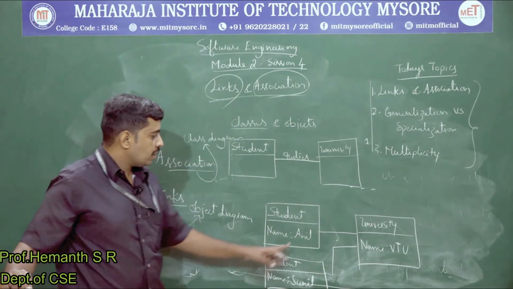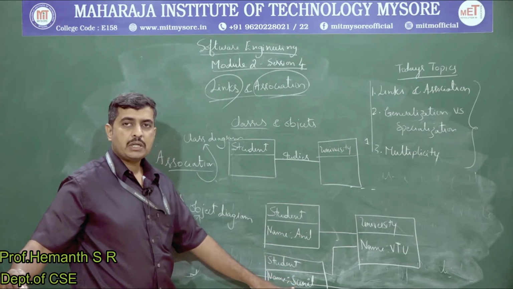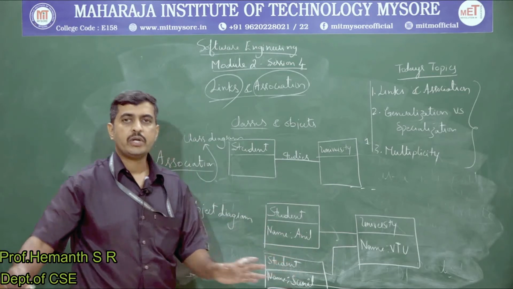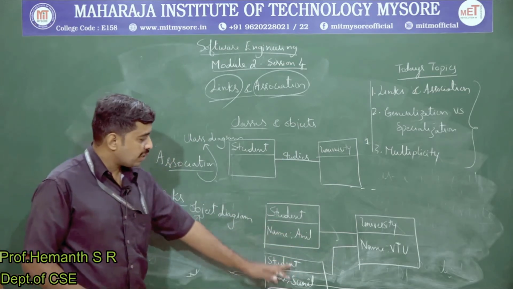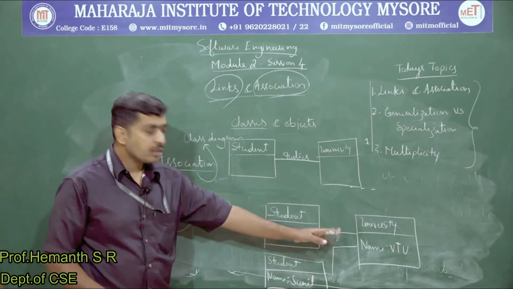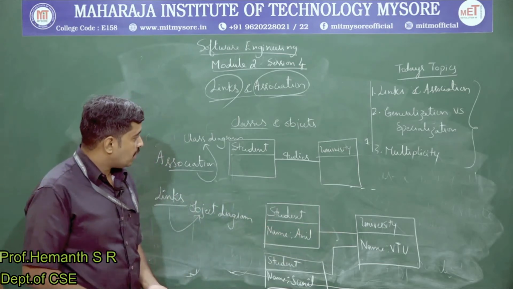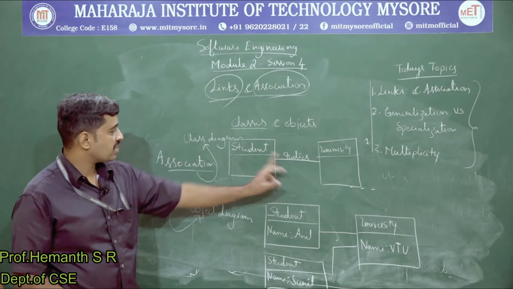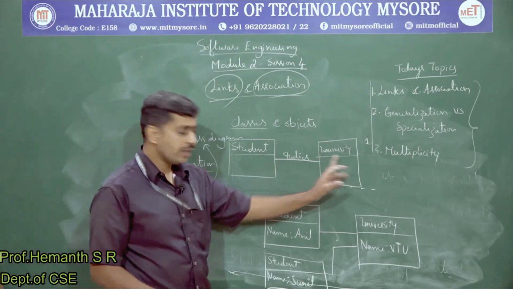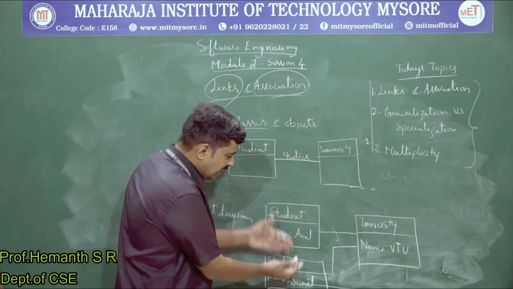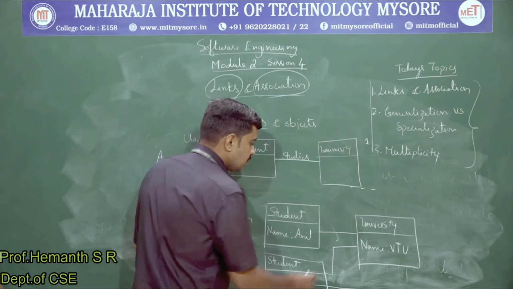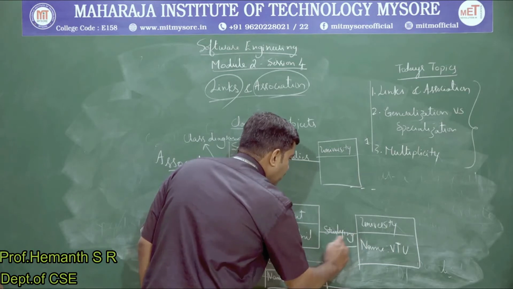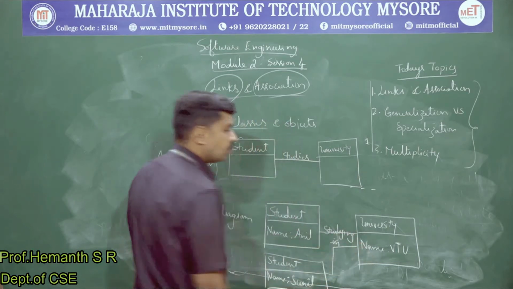It means that the Anil object and Sunil object are related to the VTU object, or to put it in a more general way, Anil and Sunil are students studying in VTU. That association I can write above the line as explained previously, for example, student studies in university. Similarly, Anil and Sunil are objects who are studying in VTU.